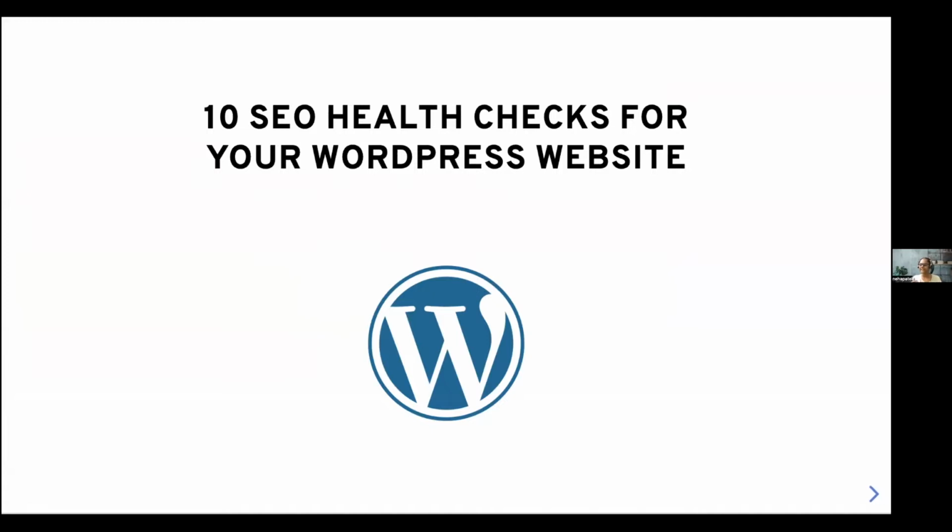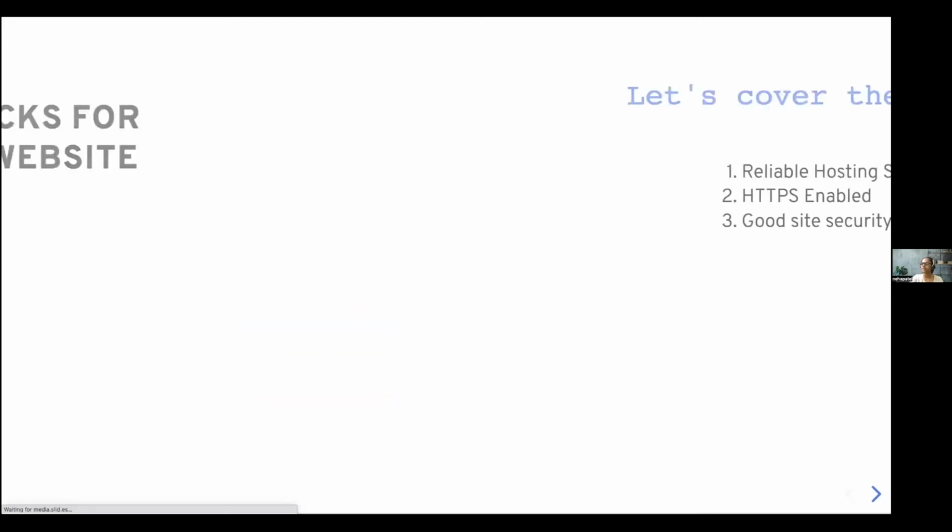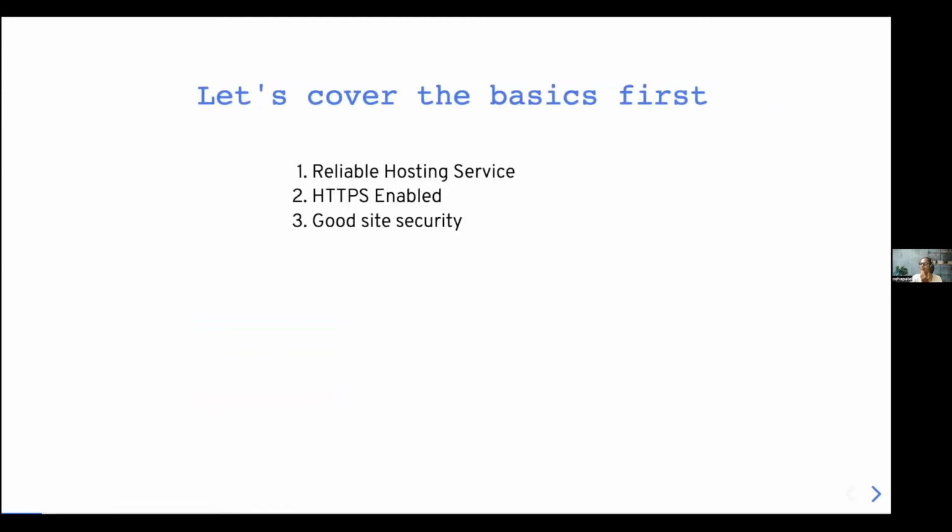So this checklist will cover almost everything that you should have on your website to have a better SEO strategy. The first few things will be something that most people will know, which is reliable hosting, HTTPS enabled, and good site security. Now, these are some basic things that every website should have, and yes, these things affect SEO.